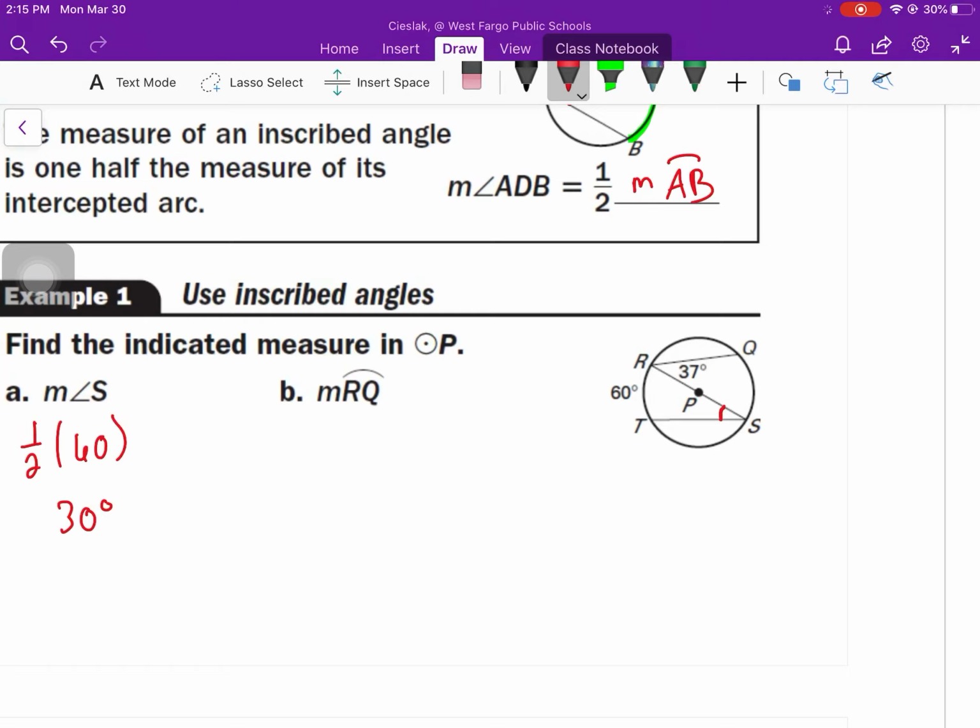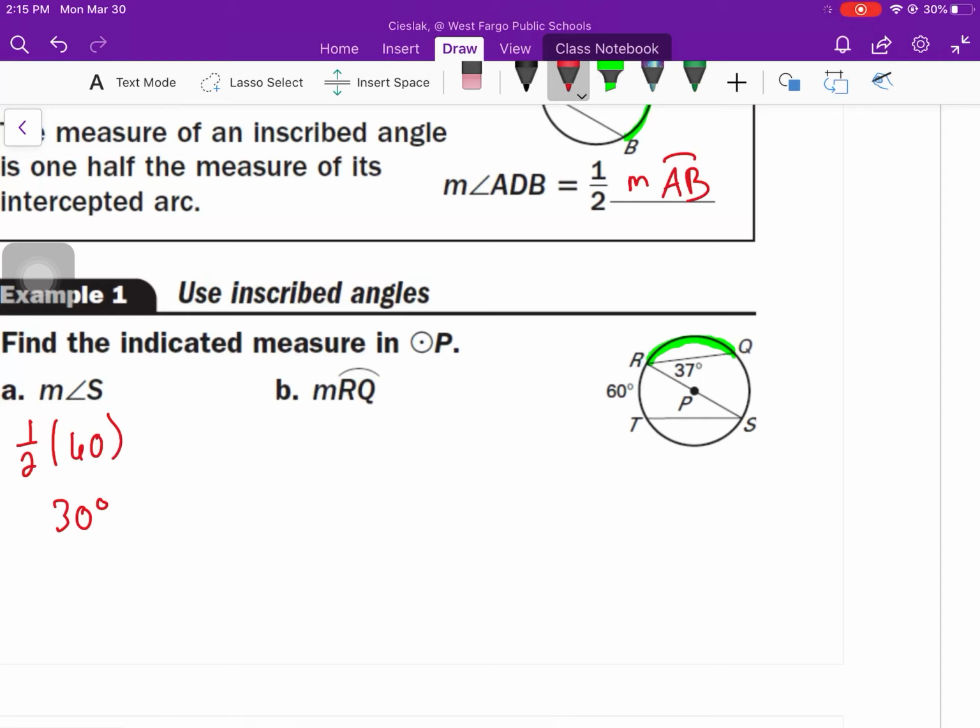We want to find on the next one the measure of arc RQ, from right here to right here. Now we run into an issue because that is not opposite an angle that I can deal with, but if we get a little creative, opposite this 37 right here would be a 74.